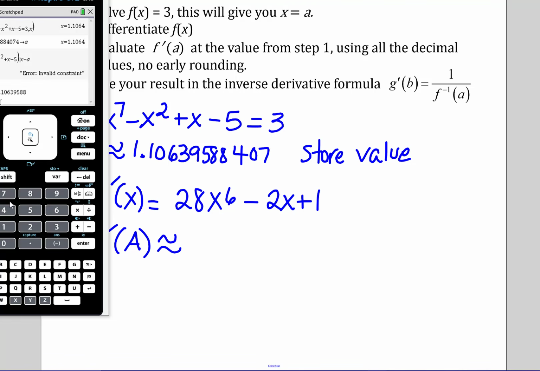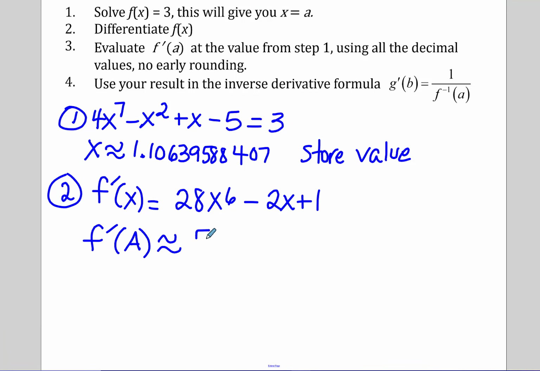Okay, I want the derivative of 4x to the 7th power minus x squared plus x minus 5. And it's about 50.1468.